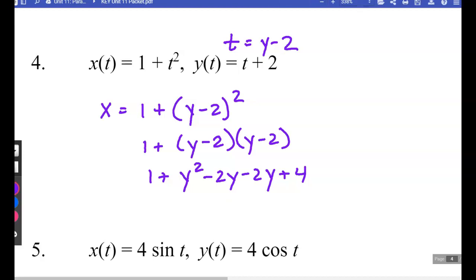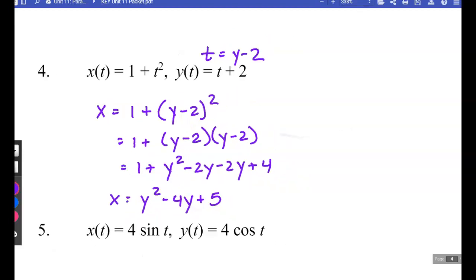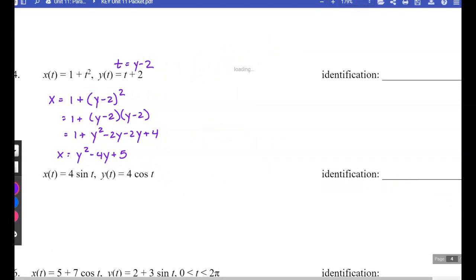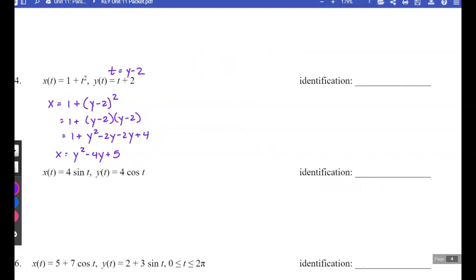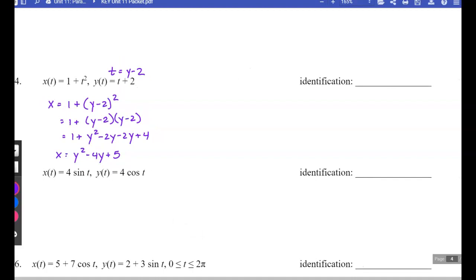And then we just combine like terms, and we have x is equal to y squared minus 4y plus 5. So on the graph, this will form what shape? A parabola. Good.